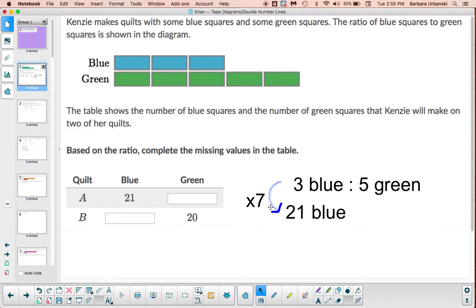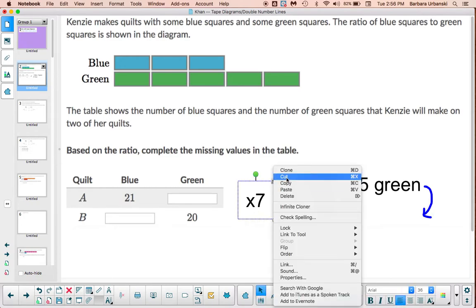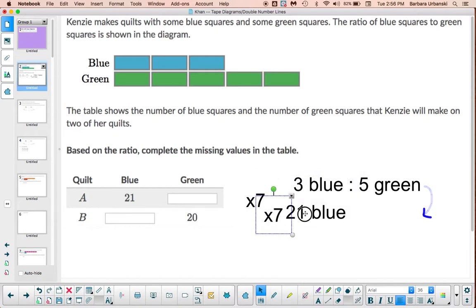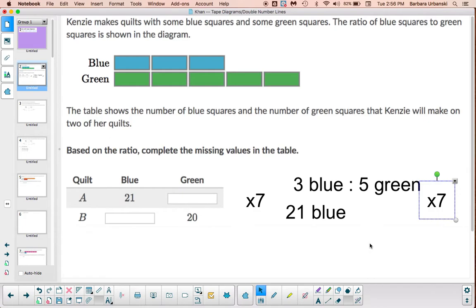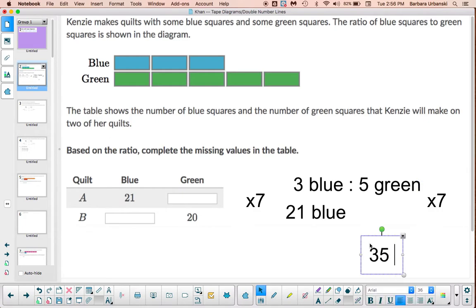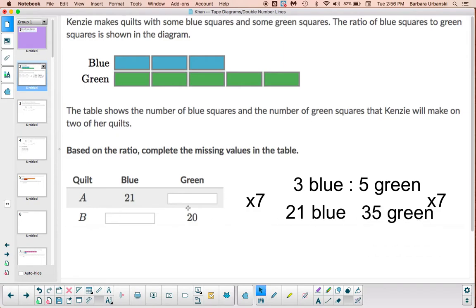So if that's true for this, wouldn't the same hold true on this side? What do you do to get from 5 to the missing number? You would be doing the same thing, and that would be multiply by 7. So if we multiply 5 by 7, we would end up with 35 green. And that would be our answer. So here we could put 35.